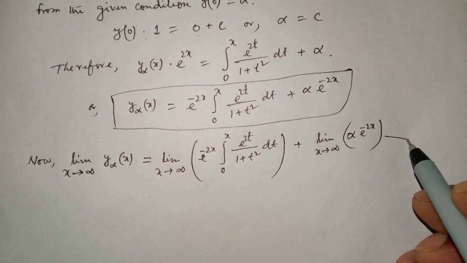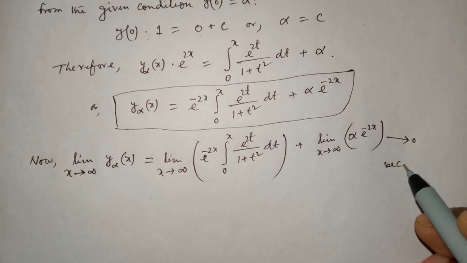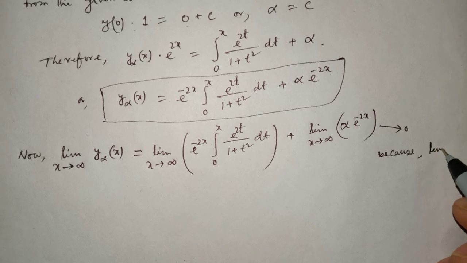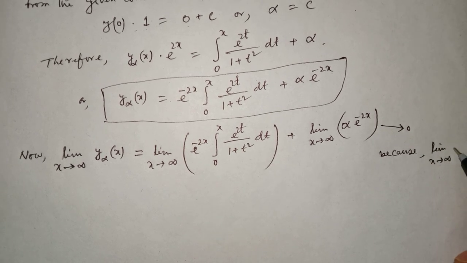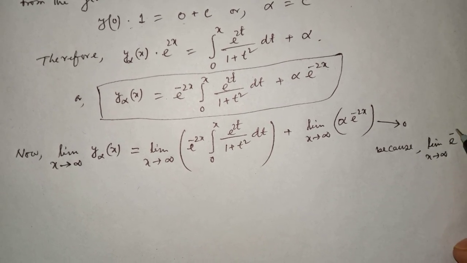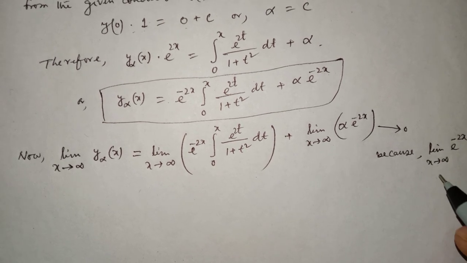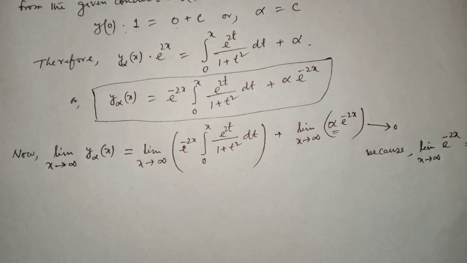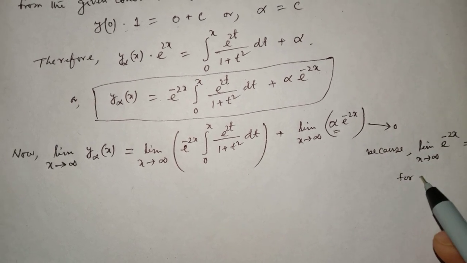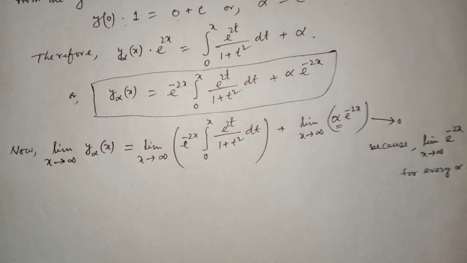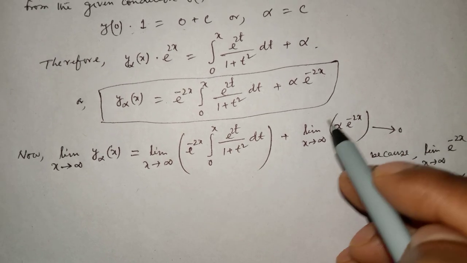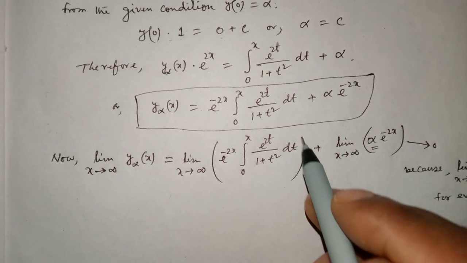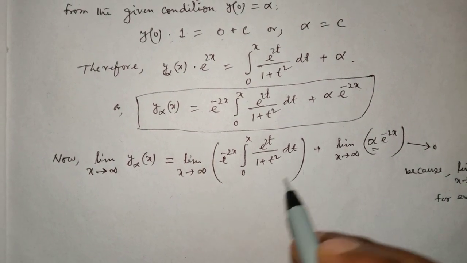This second limit tends to 0 because we know that limit x tends to infinity e to the power minus 2x is equal to 0, for every alpha belongs to R. Now we have to find out the value of the first limit.